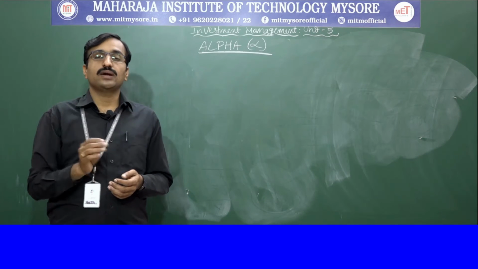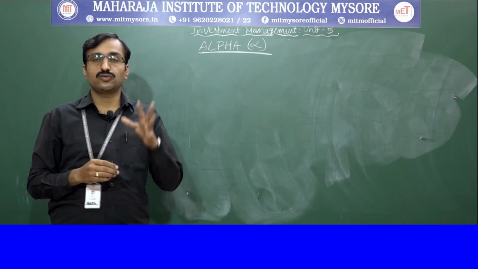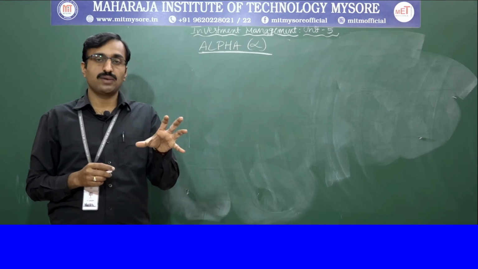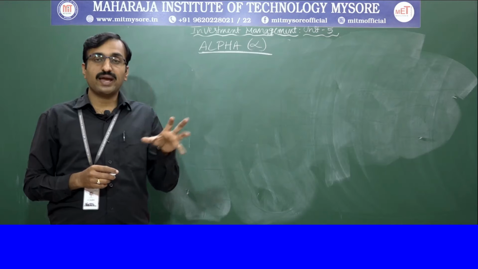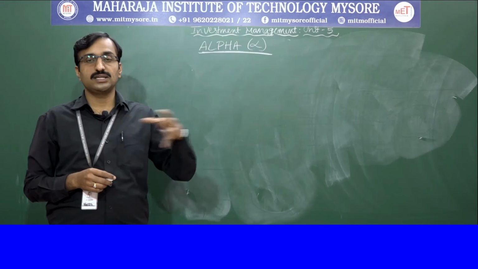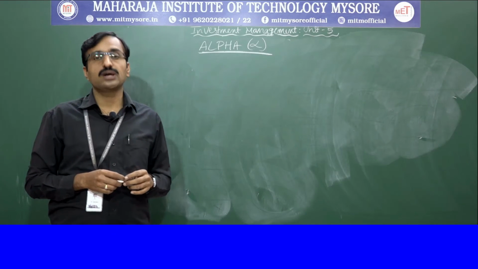Here we apply the CAPM model to find out the alpha value. First we apply the CAPM approach to calculate the expected return, and we compare the expected return with the actual return. The difference between these two gives us the value of alpha.